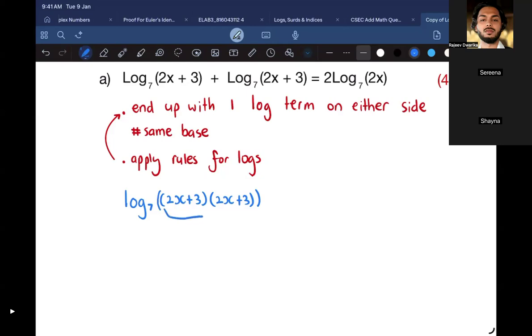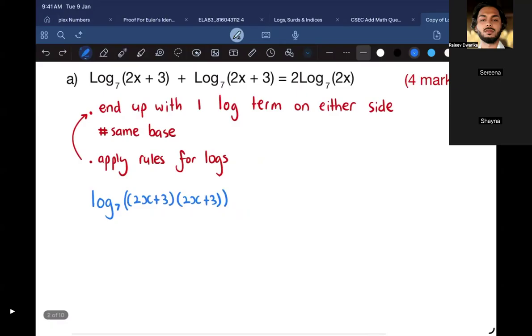This is the part that might confuse some people. Serena, did you know that you had to apply the power rule to take this 2 and bring it to the argument? Yes. Okay, good.